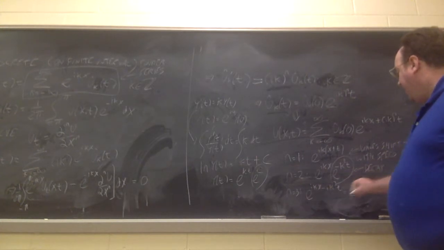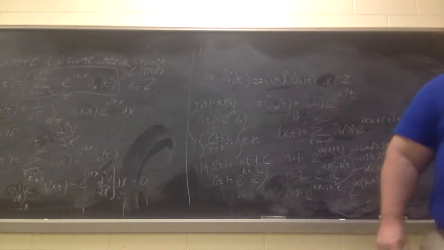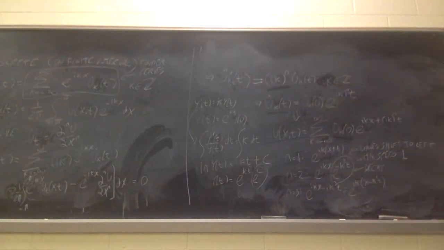And what's left? I have x minus k squared t. Now, because of the way I've written it, this may seem like a shift, like in the n equals 1 case, but it's really not just a plain old shift of a graph.